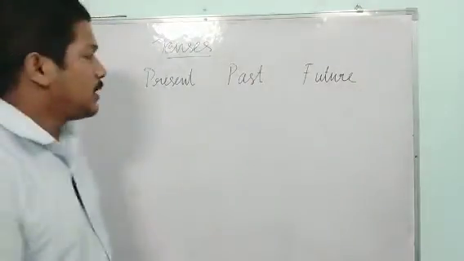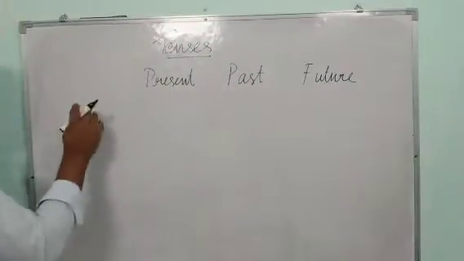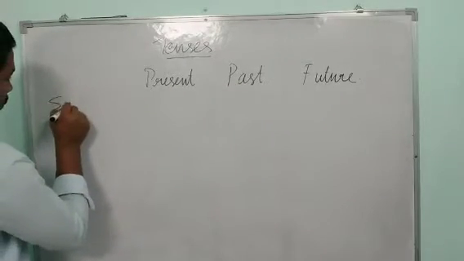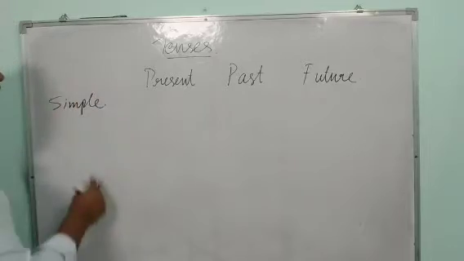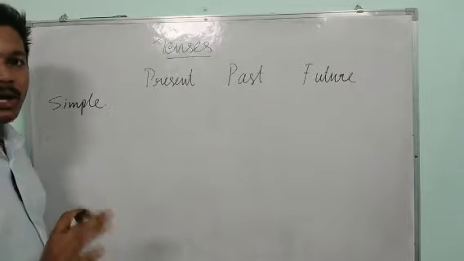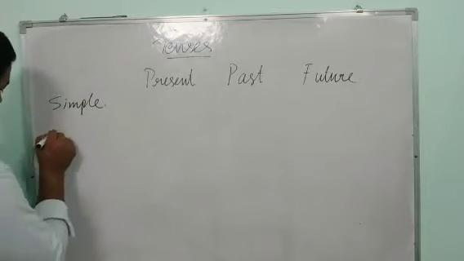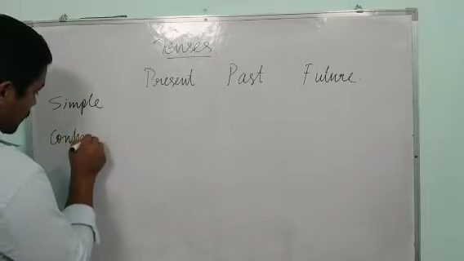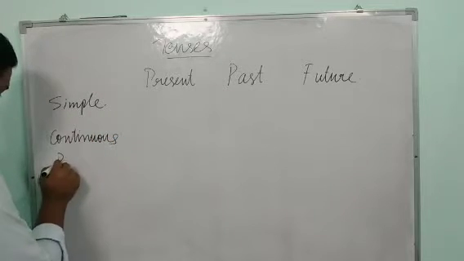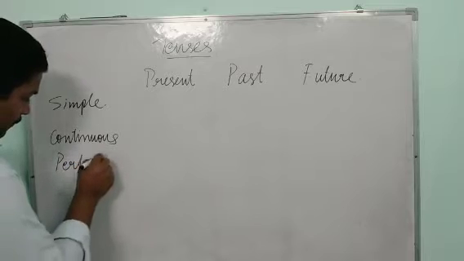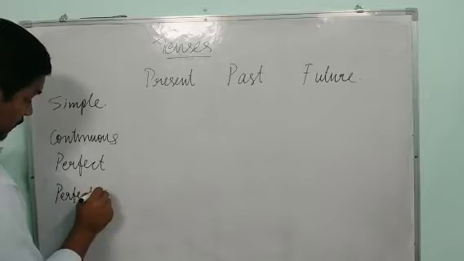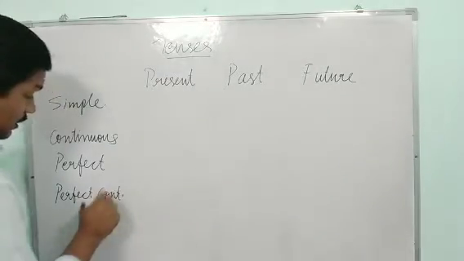Out of that, these three are subdivided. The first one is simple: simple present tense, simple past tense, simple future tense. The next one is called continuous, and the next one is perfect, and perfect continuous.